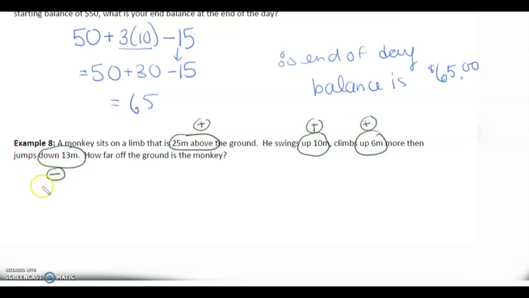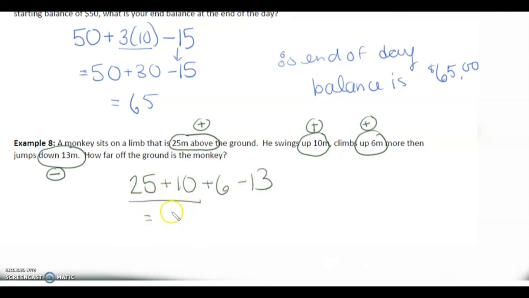So down would be minus. How far off the ground is the monkey? So all of these are plus and minus, so addition and subtraction. So we can just simply go 25 plus 10 plus 6 minus 13. And we can do them in order from left to right.